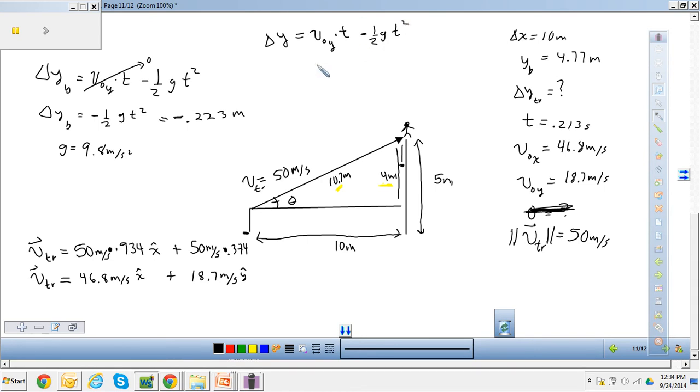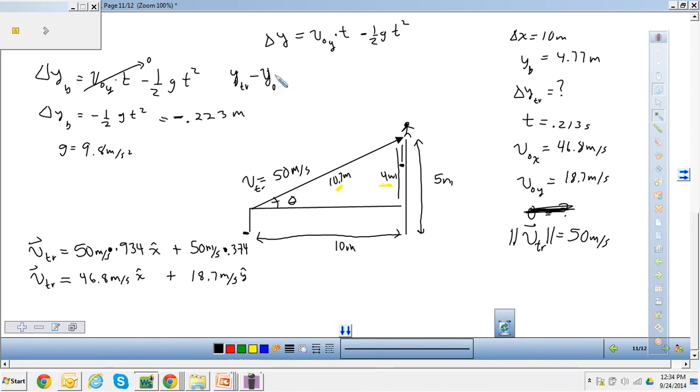But hey, wait, didn't we already calculate this over here? We did. So we don't have to recalculate this. We just have to calculate this bit here. So first of all, I'm going to separate this delta y. I'm going to call it y Trank minus y initial.